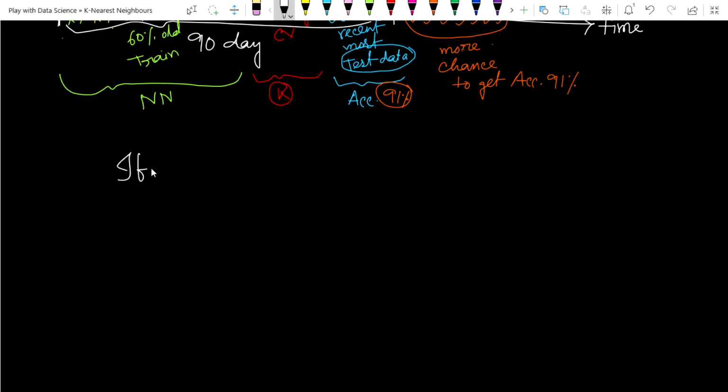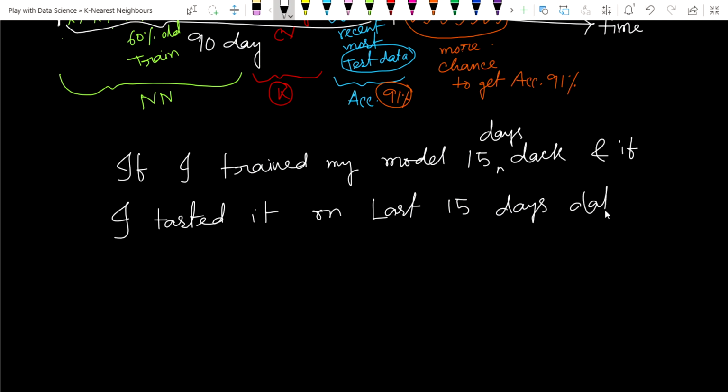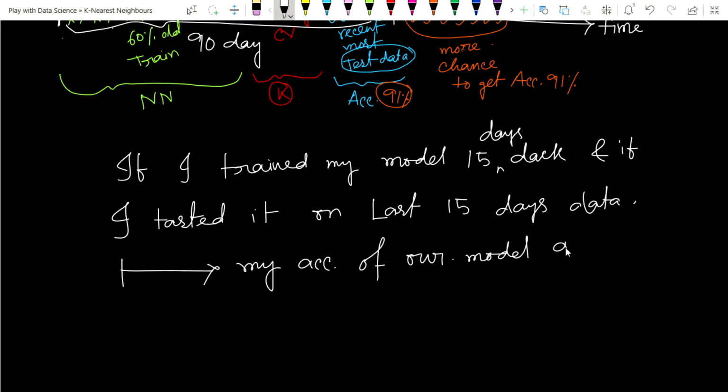If we simply trained my model 15 days back, and tested it on the last 15 days of data, then the accuracy of our model is 91%.